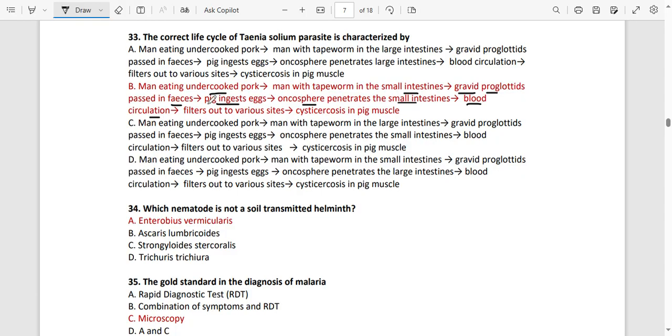From the blood, there's going to be filtering in different organs and tissues, and there they will cause cysticercosis. If you look at man eating undercooked pork, man with tapeworm, it's not large intestine, that's why that one is out. Even this one will be out because of large intestine. And then man eating undercooked pork, man with tapeworm in the small intestine, gravid proglottids passed in feces, pig ingests eggs, oncospheres penetrate the large, again there's large intestine there. So that's not true. Penetration is happening in the small intestine.